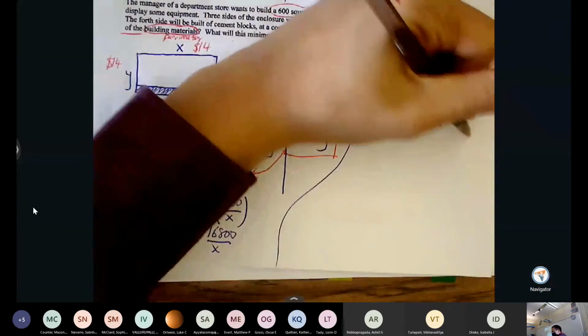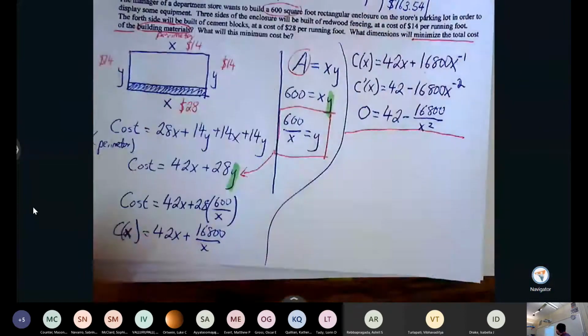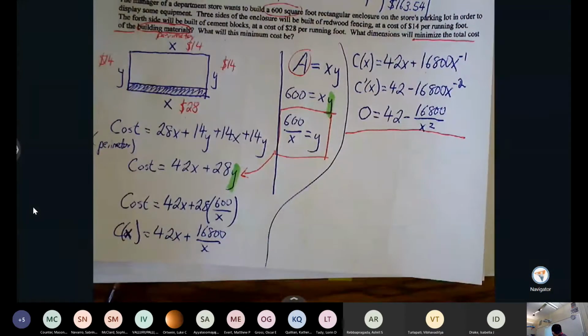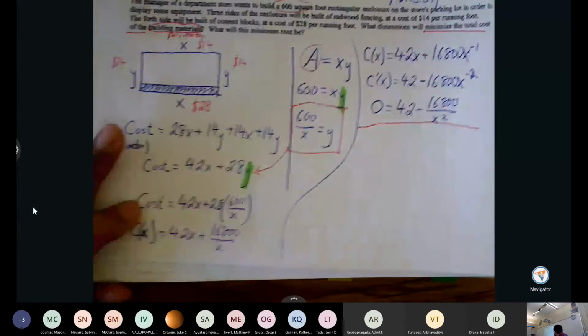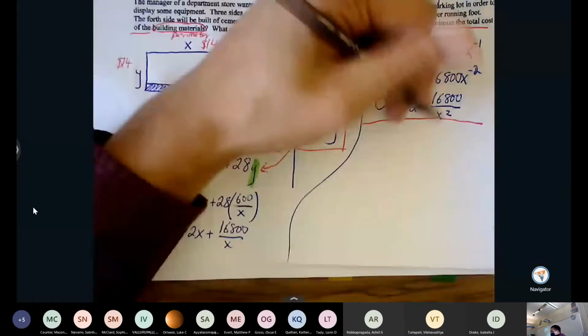And this is where you can stop. Move on to the next problem and come back to it if you have time. You've shown me that you understand all the steps. The rest is just kind of final things of cleaning up, solving for x, and then getting to what the problem is asking for. Okay.